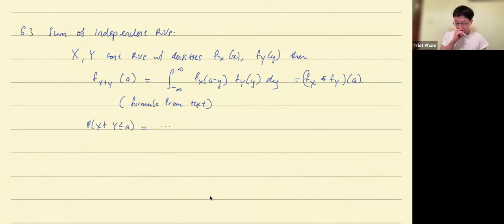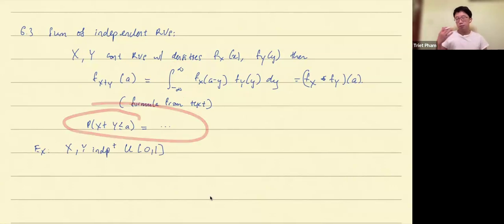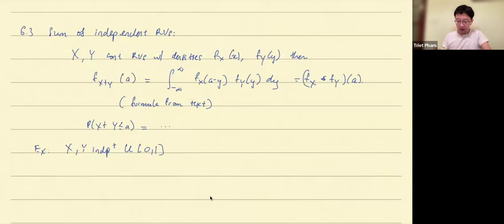So in practice, when we have actual distributions, like X and Y independent uniforms on 0 to 1, it's better to just redo the process and rederive the density yourself, not relying on the formula.